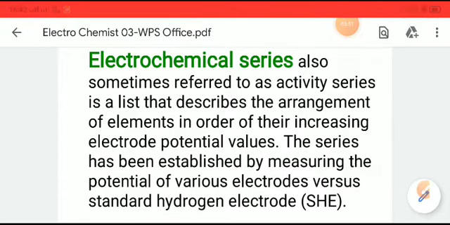This standard electrode potential is relative to the standard hydrogen electrode.